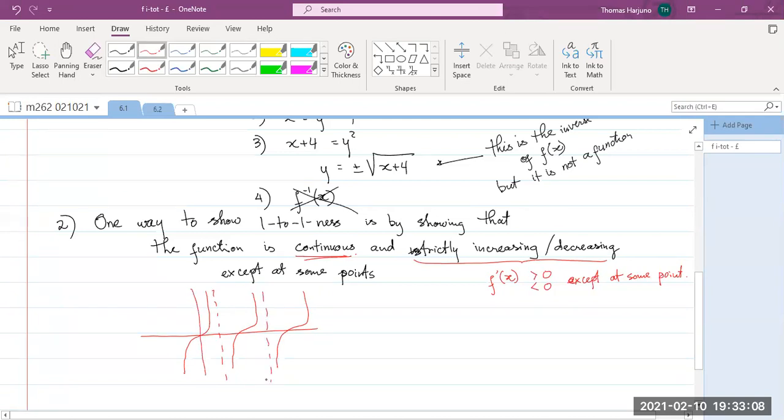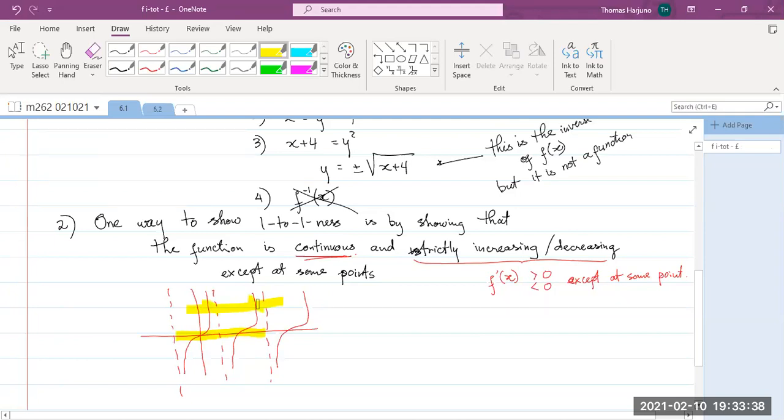For example, tangent is one-to-one between negative pi over 2 and pi over 2. Why? It's strictly increasing there and continuous. But it is not one-to-one between negative pi over 2 and 3 pi over 2, because one horizontal line intersects the graph at two different points.